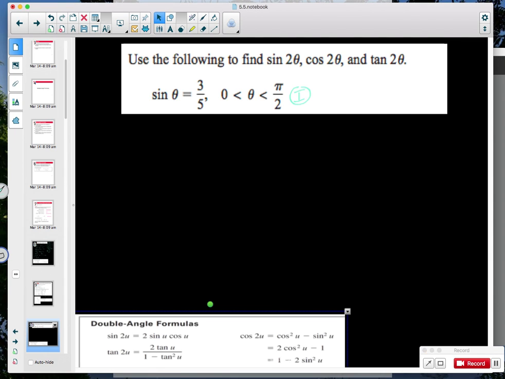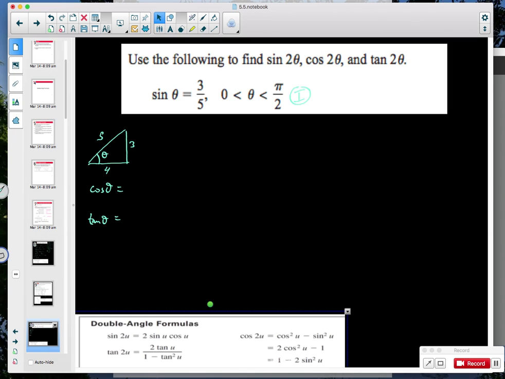So I'm going to draw a nice picture in quadrant 1, and actually the numbers are so easy in this problem. I have theta here, and since sine of theta is opposite over hypotenuse, this is 5, this is 3, and we already know this is a 3, 4, 5 triangle. So clearly from here we can find cosine of theta and tangent of theta.